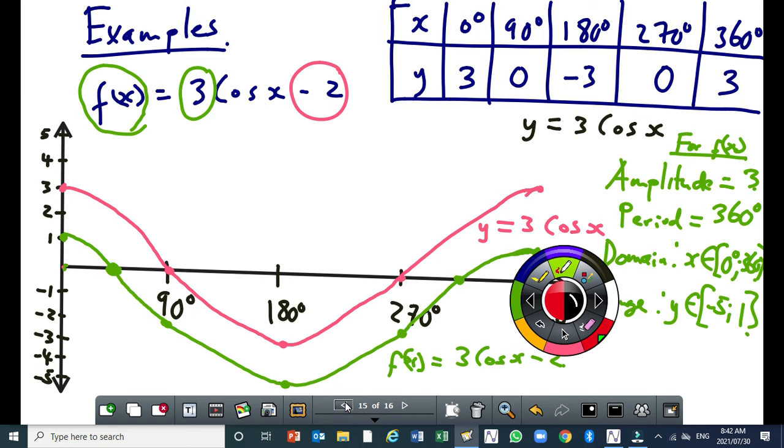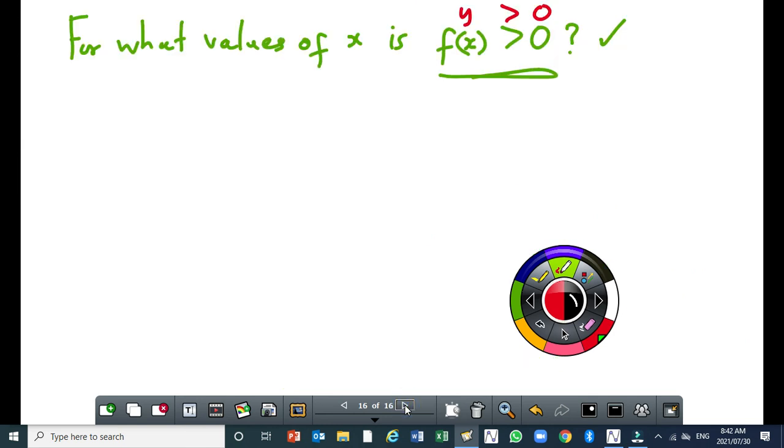So, in order to get the answer, we need to know what is the value of x here and what is the value of x there. Fortunately, we know that y is 0 here and y is also 0 there. So we can substitute y equal to 0 where there is f of x in the equation of the graph. Right? So we will write 3 cos x minus 2 equal to 0.